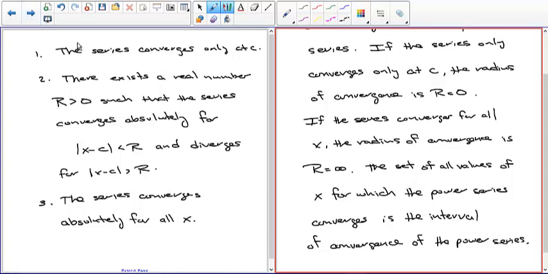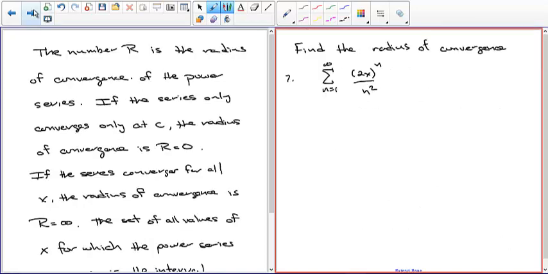Okay, you don't need to write all this stuff down. We're just going to do it. So these power series don't have to be a Taylor series or Maclaurin series.